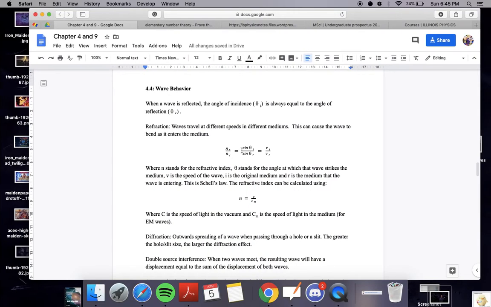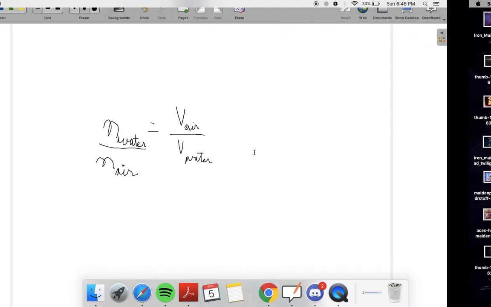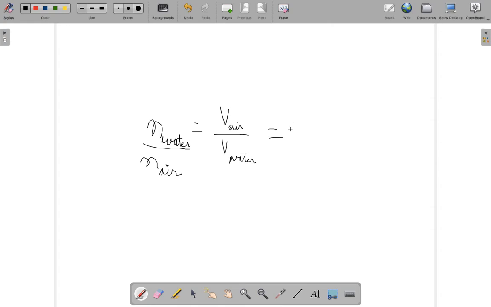This relationship shows the refractive index of any medium. Now, to relate that to the angle of incidence and angle of refraction, this will be equal to sine theta air, or the angle at which it was in air before it got refracted, over sine theta water, which is the angle after refraction.